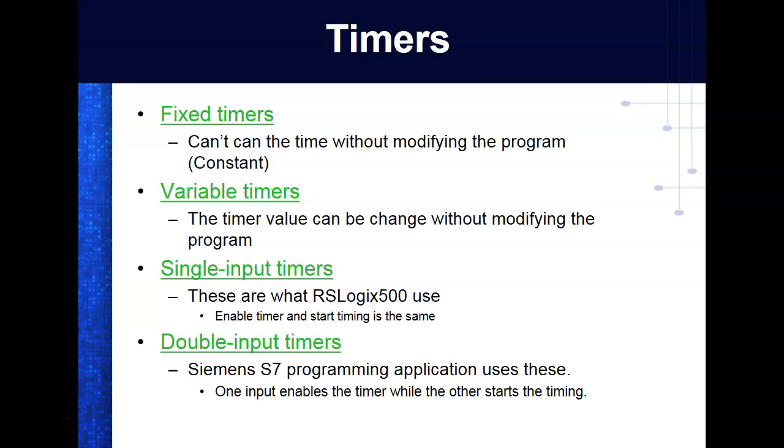So we have what we call fixed timers. Basically, what's the difference between a constant and a variable in a program? In math we have constants like pi. Pi is a constant, right? But in programming, constants and variables are a little different. So we have already talked about that, right? What's a constant in programming?